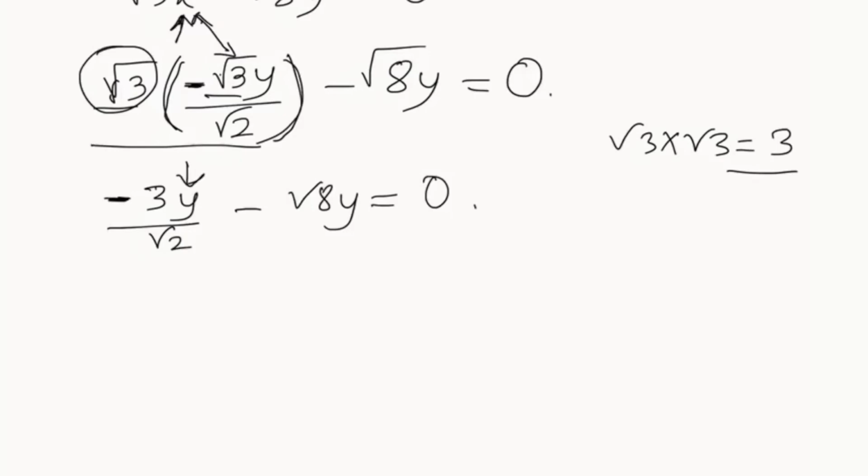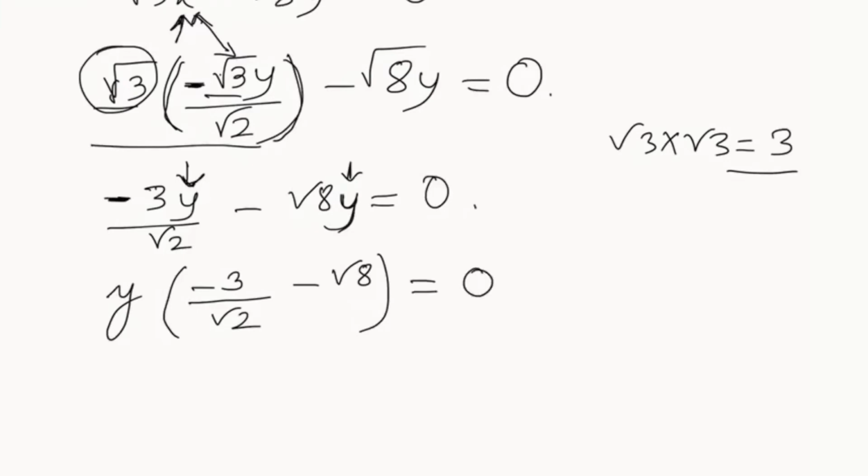We have y here and another y here, so we can take y common. Y, let's take it outside. Inside, minus 3 by root 2 and minus root 8, because this y is outside the bracket, equals 0.